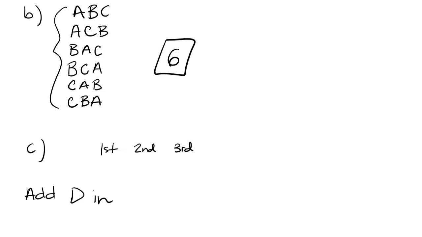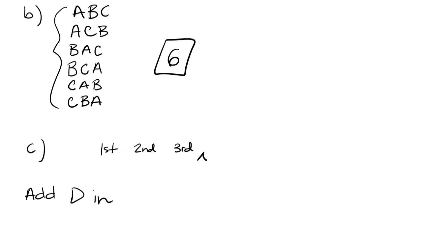well, then one of the things I could think about is just, where could I put D? And then for each of those lists up above, I could add D in all those different spots. So we'll end up with a bunch of new possibilities. If I'm trying to add D in, I could have them join last, so I could just tack them onto the end of all of those lists.